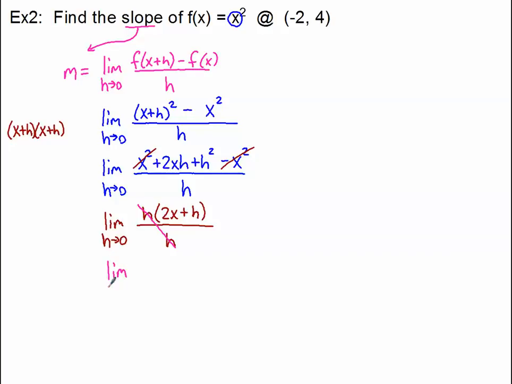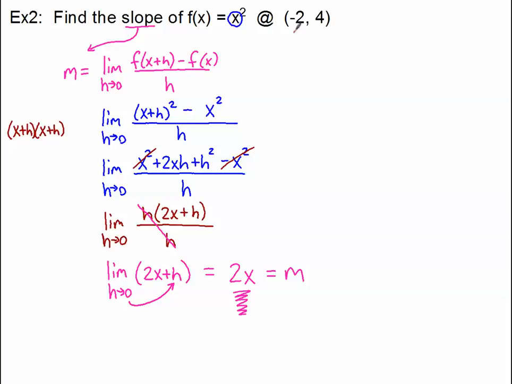Finally, I will have an expression 2x plus h, and I can plug 0 into it. When I plug a 0 in for that h, I'm left with just 2x. And that's what our slope is. Our slope is equal to 2x. Now obviously this is an expression, and each x value is going to change the value of the slope.